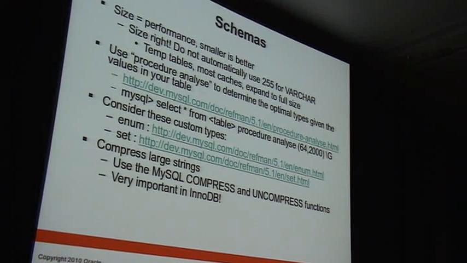There are also custom types that MySQL has built into it. These deviate from the SQL standard, but you can use things like enumerated values, which are kind of like constants in a lot of programming languages. If you know that black, blue, and green are the only three options, instead of having a char 5 column where you're only going to put black, blue, and green, you can create an enumerated set of black, blue, and green.